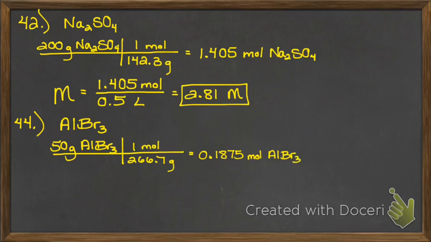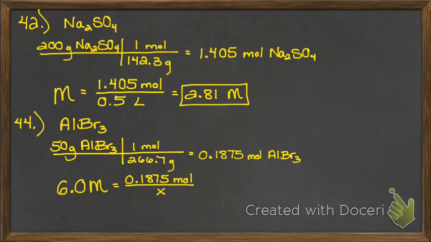Okay, now this time I'm not solving for molarity. This time I was given molarity. So the molarity is 6. I have the number of moles. This time volume is my unknown. Okay, so we'll do a little bit of algebra here.